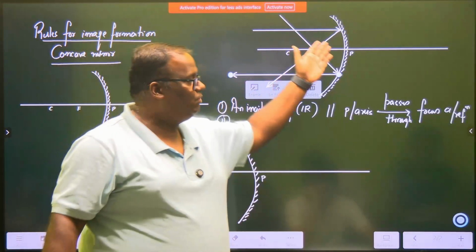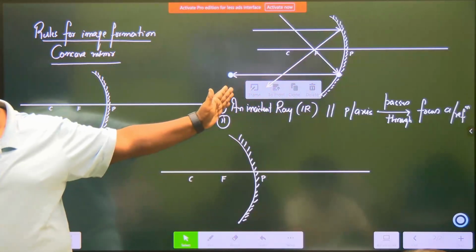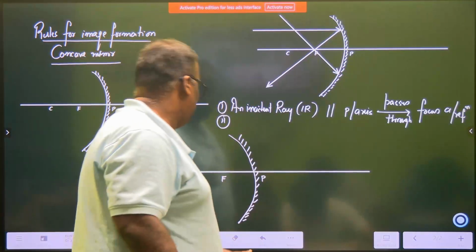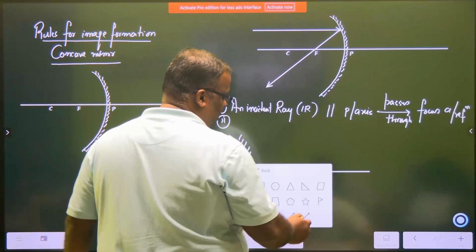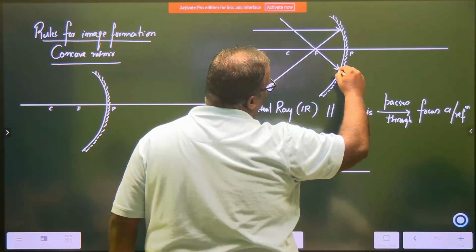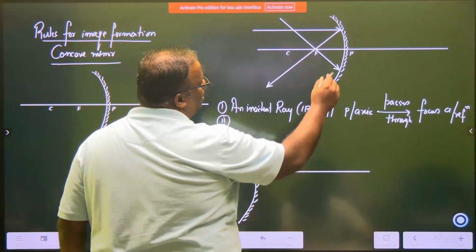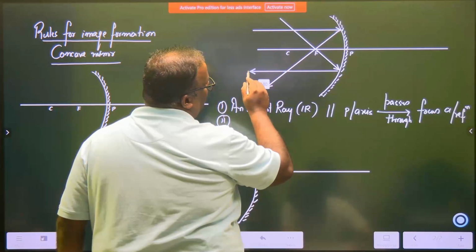Just opposite of this. You can draw this in a different diagram. I have drawn it in the same diagram. Okay, want to see it once more? It's like this. A ray of light passing through the focus becomes parallel to the principal axis after reflection.